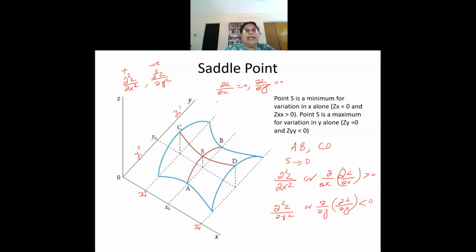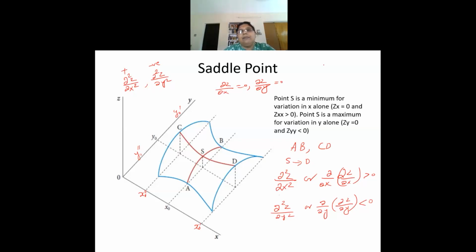So in that case, we can see that the third condition of maximization, minimization, or optimization is violated, and not just that: if ∂²z/∂x² is positive, contrary to that, you get a negative ∂²z/∂y². So these two have different signs.